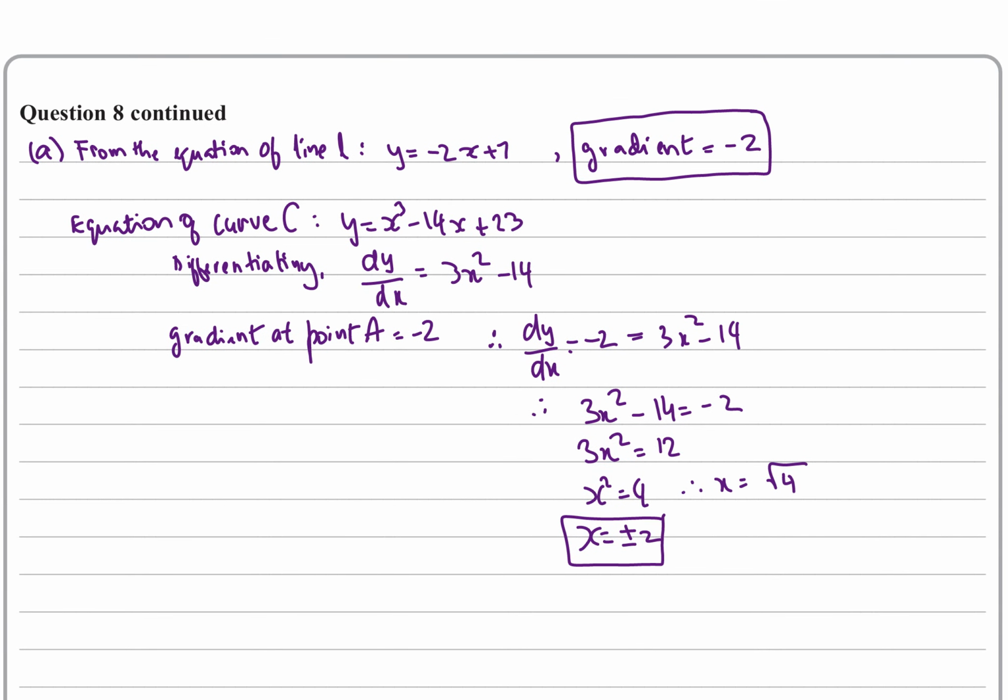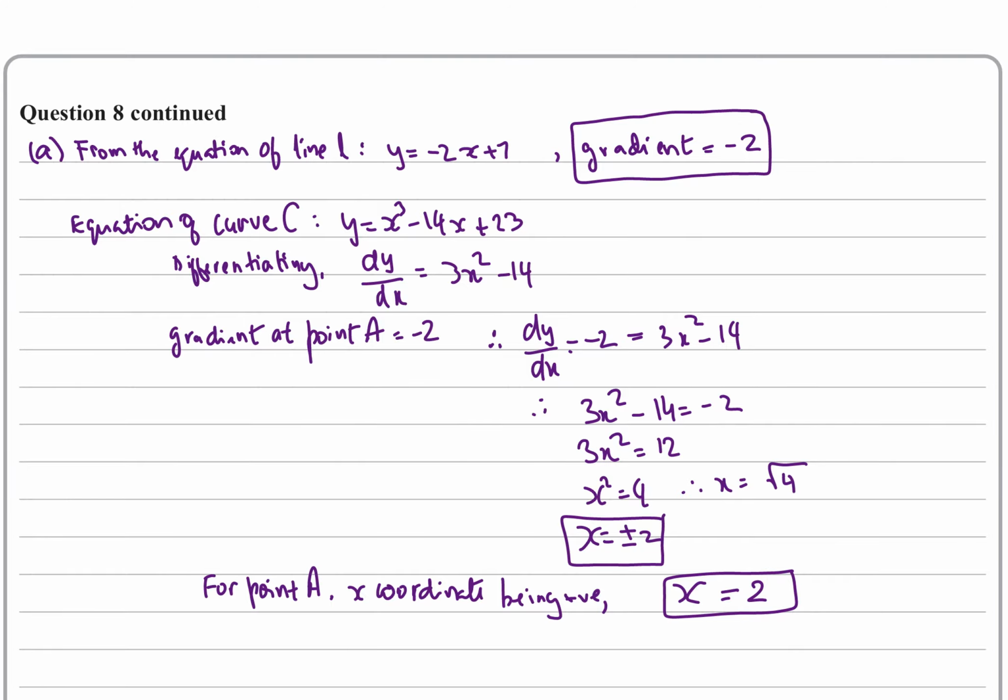So for point A, the x-coordinate being positive, we get x is equal to 2. Sorry, my writing is not perfect.